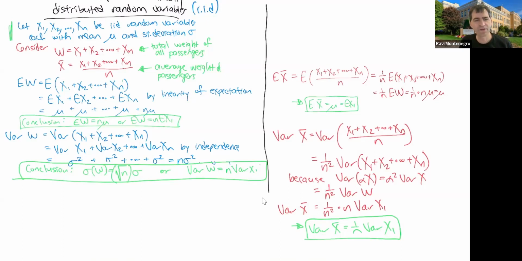Now, standard deviation is usually the more interesting quantity. Standard deviation is the square root. So I would have 1 over square root of n. The square root of the variance would be sigma.